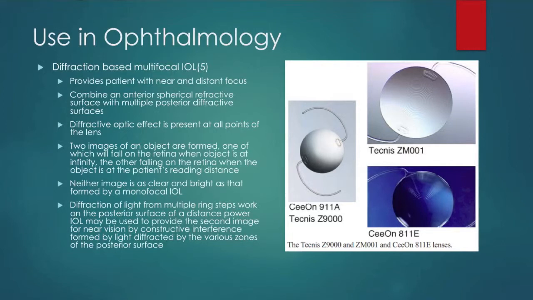But it highlights an important use of our knowledge of diffraction, how we could really exploit the property of light to form two images, and also rely on the constructive interference of light to reinforce the images.